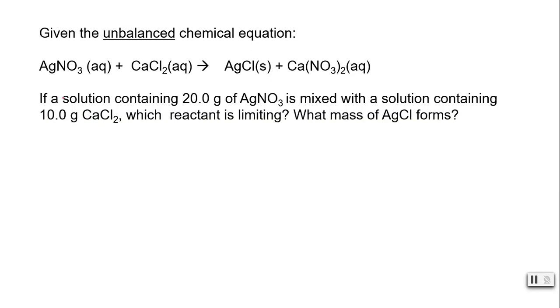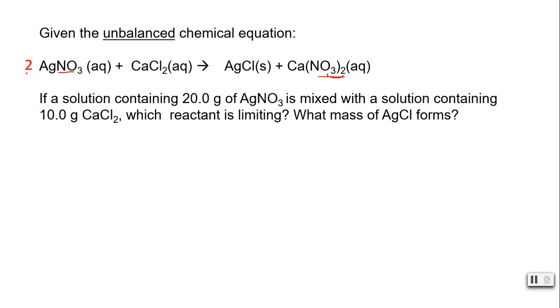And so hopefully you can see that while my silvers, my Ags, are balanced, I have one NO3 chunk here, but on my product side I have two NO3s. That 2 goes to everything that's in the parentheses. So to get two NO3s on my reactant side, I need to add a 2 in front of the AgNO3.